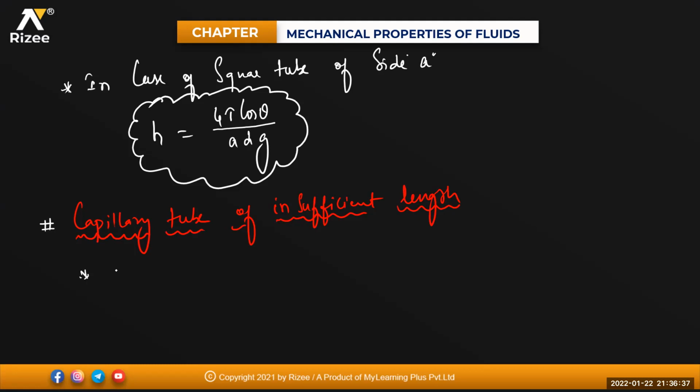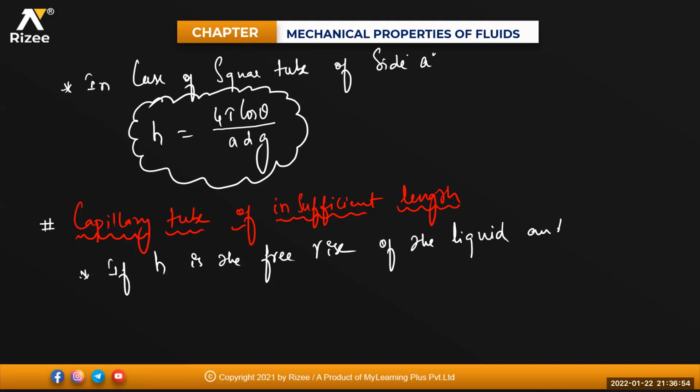If small h is the free rise of the liquid, and say L is the length of your tube, like so, this is your capillary tube.